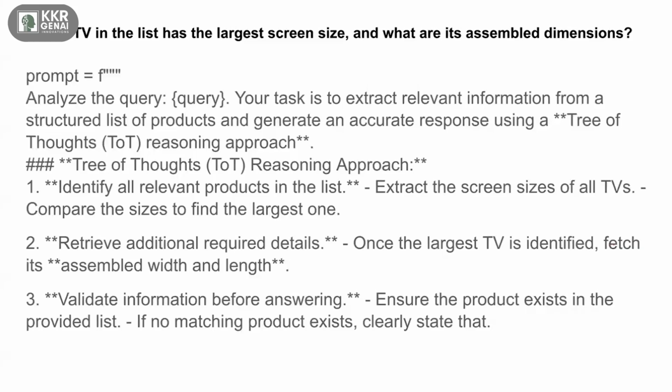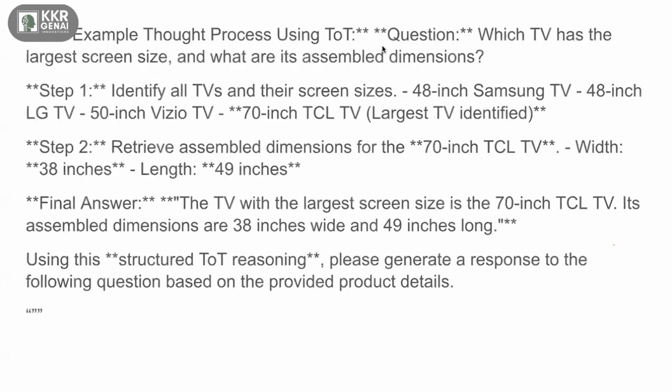So let's say here, what I am doing is I will extract the relevant products, the relevant information for the specific question, and then I will have the relevant details related to TV, and then I'll validate what is bigger here. I will validate based on length and width before I proceed to give the answer from the LLM.